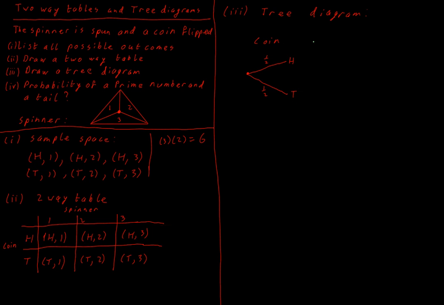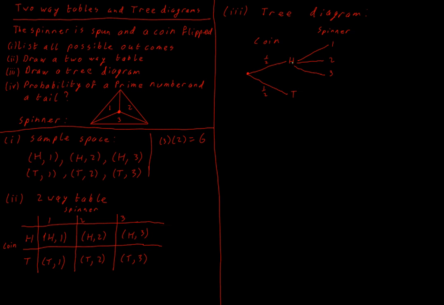And then if I go from my 2 possible outcomes here and then spin my spinner, if I start here from a head, I could have gotten a 1 on my spinner, a 2 on my spinner, or a 3 on my spinner. So this is a set of possible outcomes.